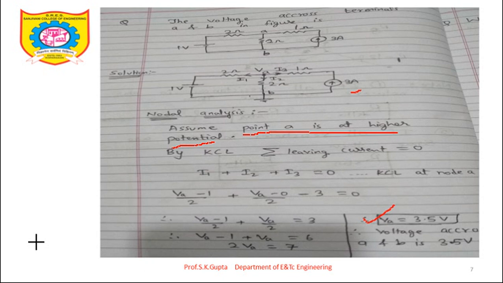Then I used Ohm's law, because nodal analysis is KCL plus Ohm's law. I1 is given by voltage minus voltage divided by resistance, so VA minus 1 divided by 2. Similarly VA minus 0 divided by 2. Similarly I3 is minus 3, equal to 0. I have solved and got the answer VA equal to 3.5 volt.